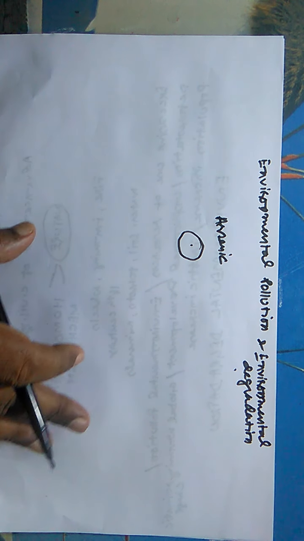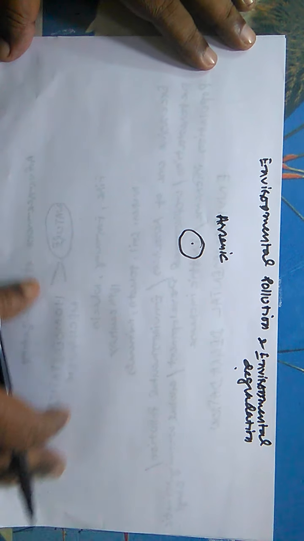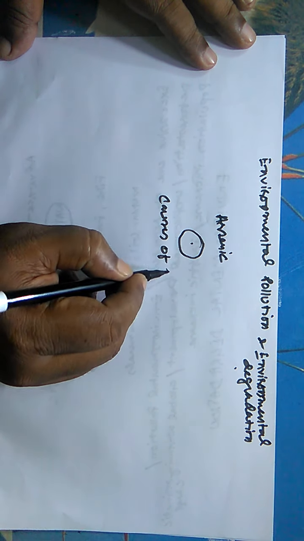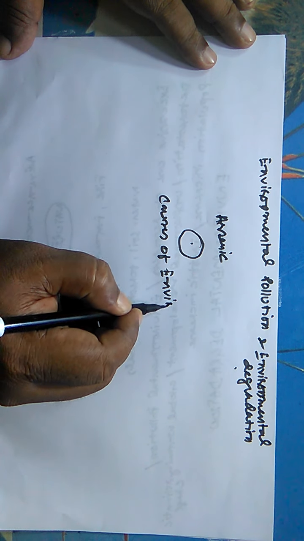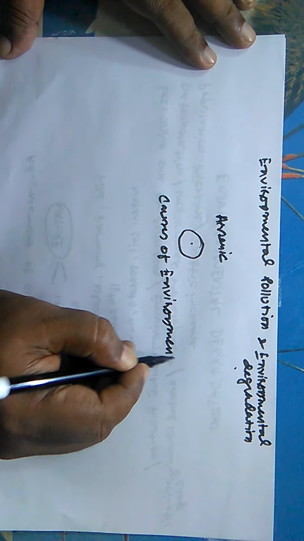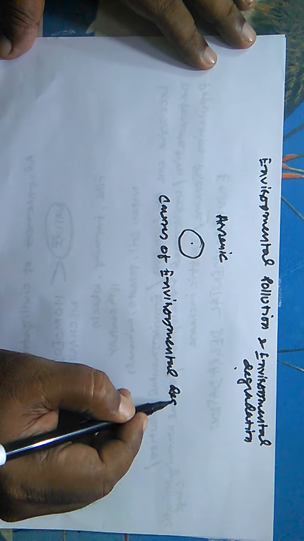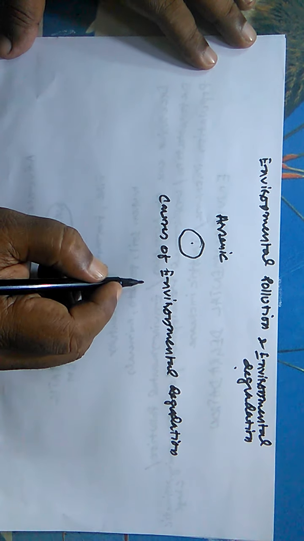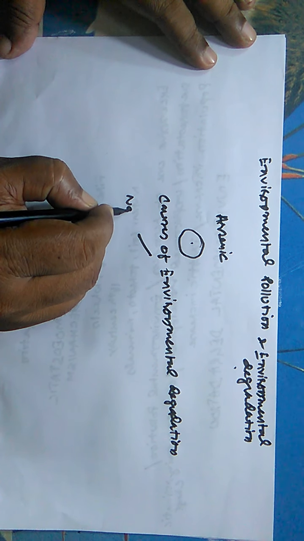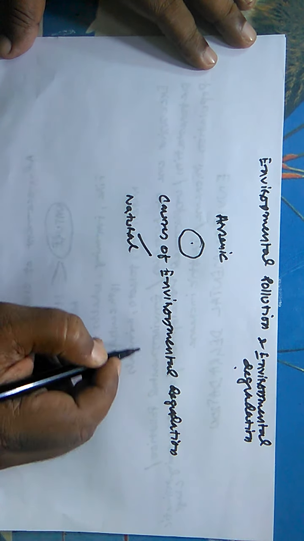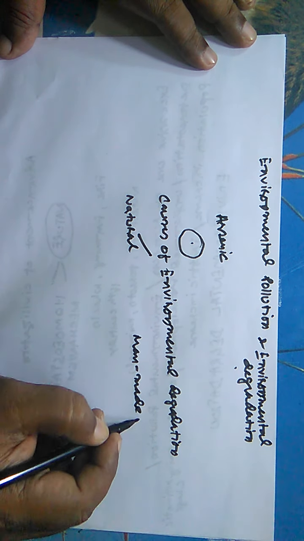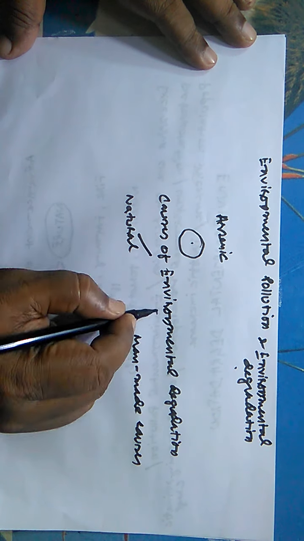Now, when we see the causes of environmental degradation, there are two causes. One is, of course, natural causes, and another one is man-made causes.